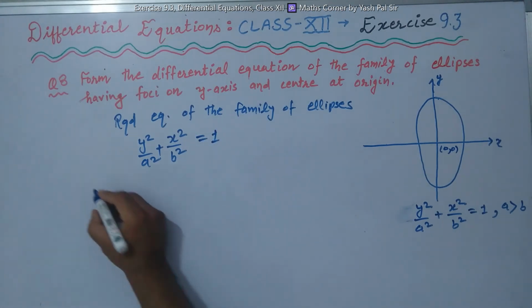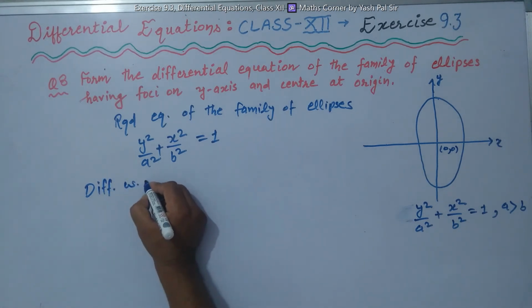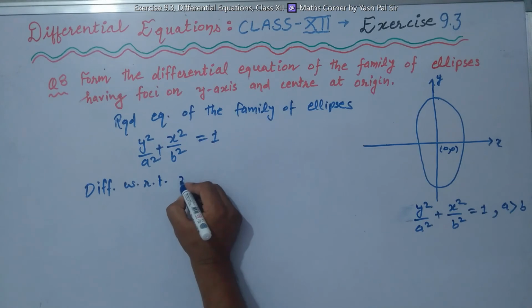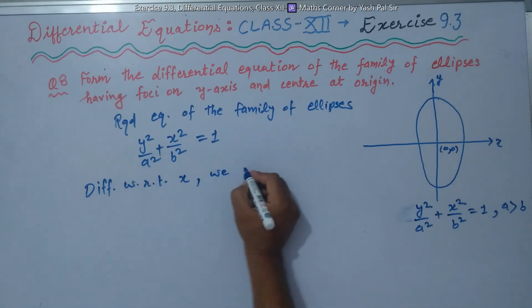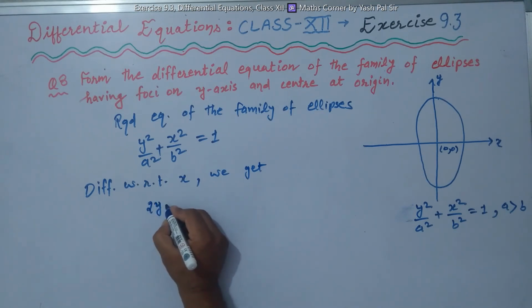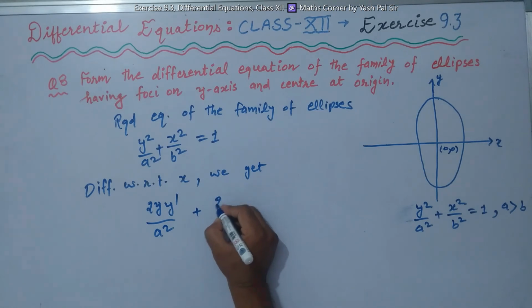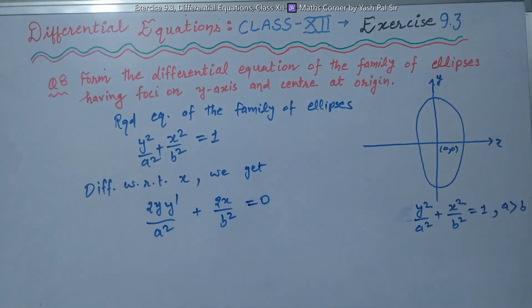So now differentiating with respect to x, we get 2y into y dash upon a square plus 2x upon b square is equal to 0.